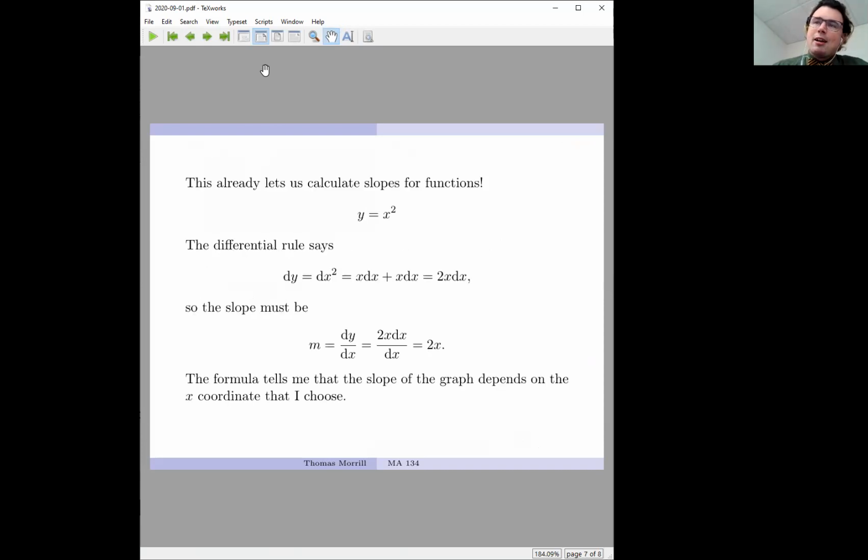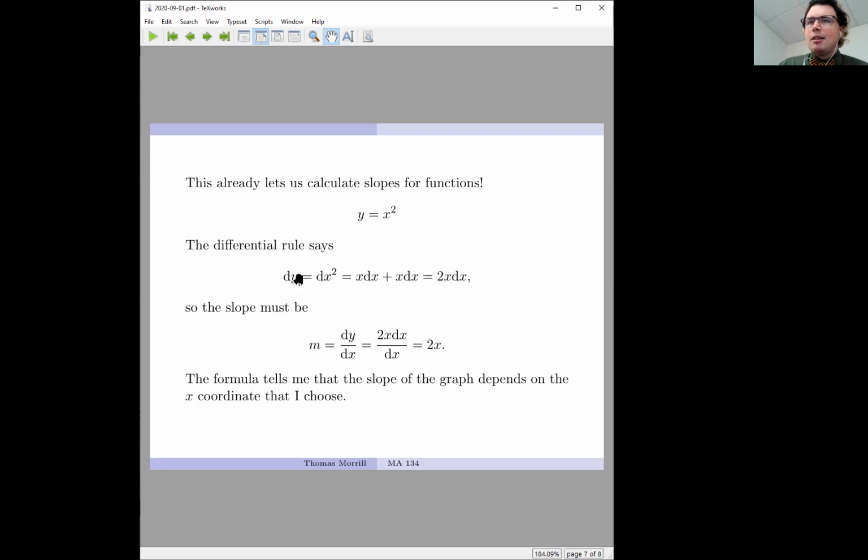Now, let's take y equals x squared. So my y is my dependent variable, my x is my independent variable, and with this formula, I can actually calculate my dy. My dx is just going to be a dx. There's nothing left to solve there.